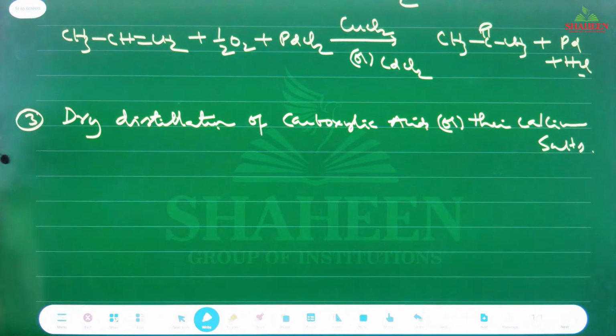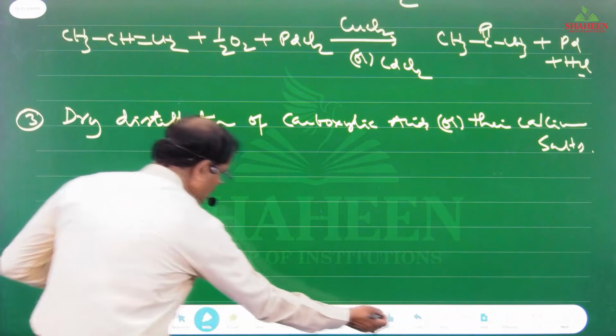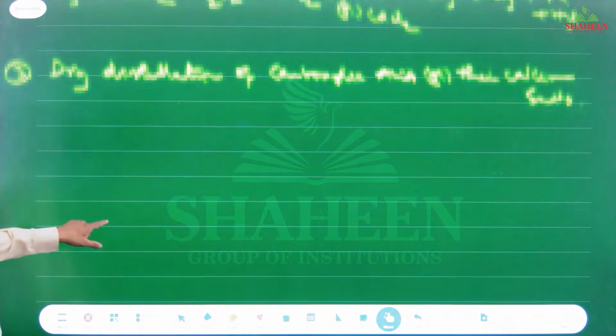When carboxylic acids or their calcium salts are heated, they can give different types of carbonyl compounds.